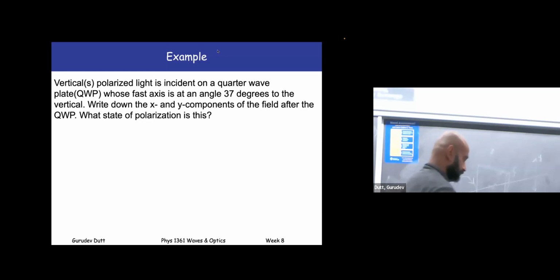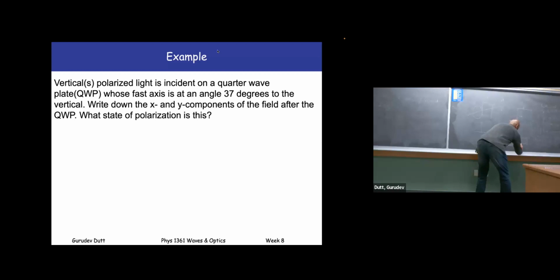Effectively this is y hat E naught sine theta sine omega t. As I said, I'm putting the minus sign outside and it doesn't affect the handedness of the polarization, plus x hat E naught sine theta cos omega t.